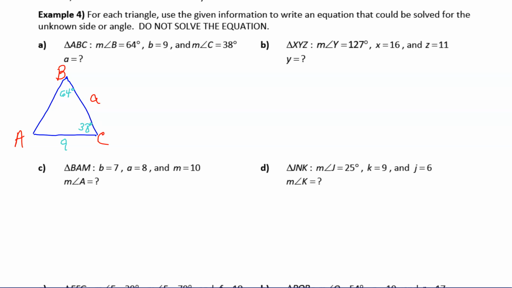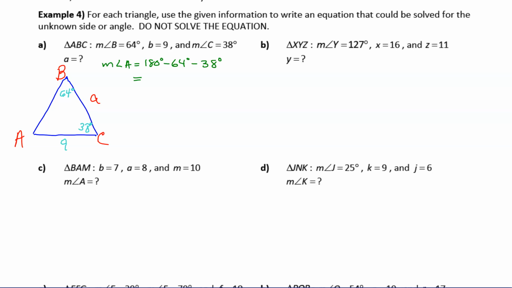What I want you to notice is that we have 2 sides and 2 angles. This is going to indicate that we probably want to use the law of sines, since that involves 2 sides and 2 angles. The downside to using the law of sines here is that we don't have the angle that's opposite side A to use. Or do we?